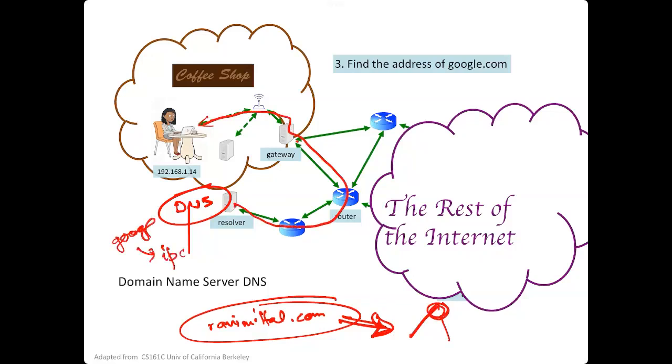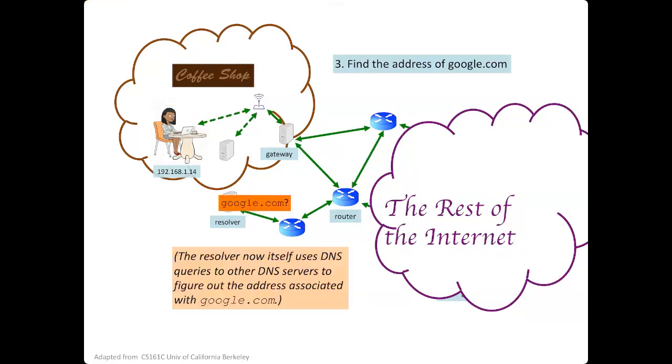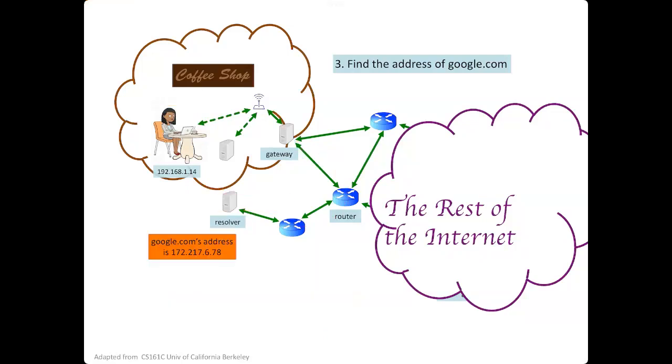So the IP address of google.com is sent to her, and she now has it, which comes from a very remote server.